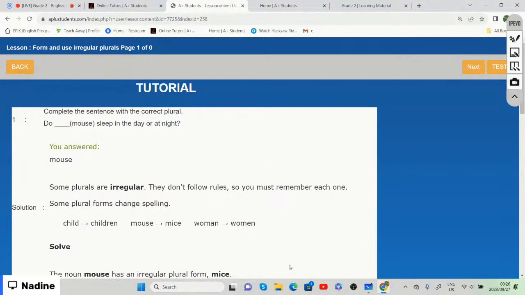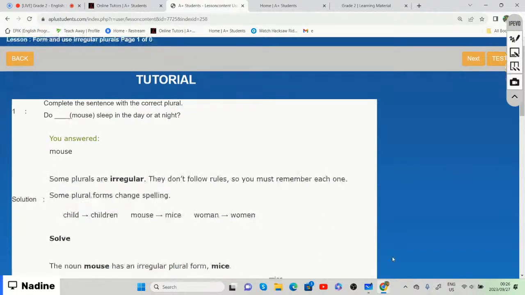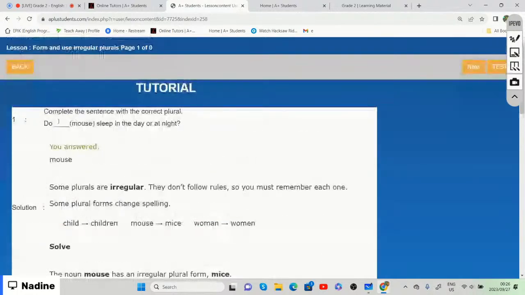All right. If we look at the first example, complete the sentence with the correct plural. Do mouse sleep in the day or at night? What is the plural of mouse? We need to find the plural of mouse.